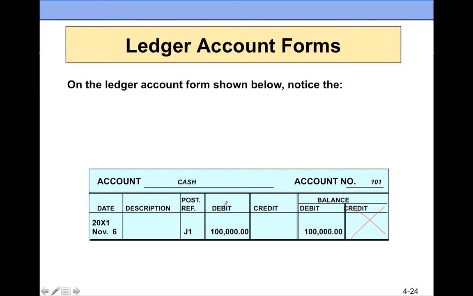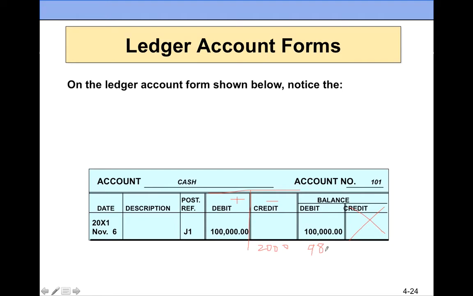So for cash, this is your T account right here. This is where your T account is. This is plus, this is minus. So if I have an entry on the debit side, plus side, my balance goes up. If I have an entry on the credit side, your balance goes down. It still remains a debit balance, but it's now 100,000 minus 20,000 is equal to 98,000.